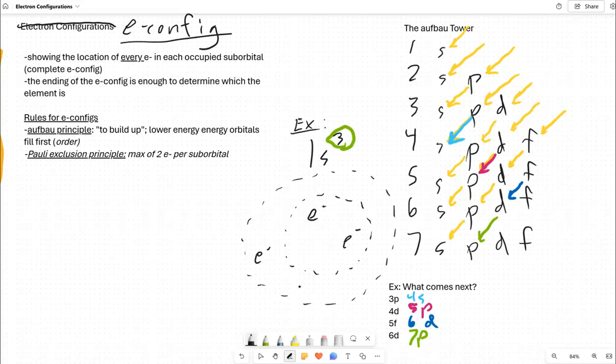So if we say, hey, why are we capped? It's a combination of repulsion and the fact that you have to maintain the same energy. And realistically, when you get pushed out of a suborbital, you do gain a little bit of energy with that, and that creates the next shape.